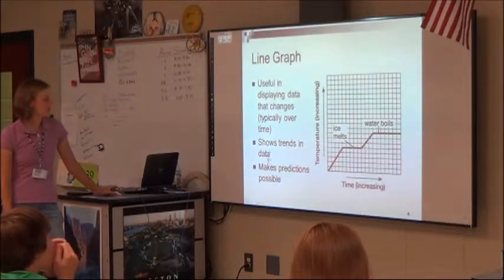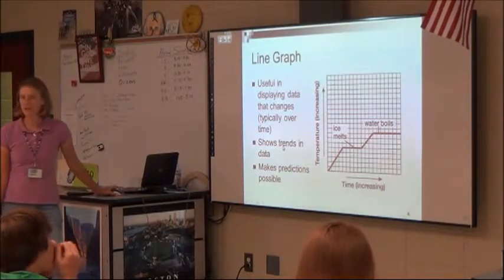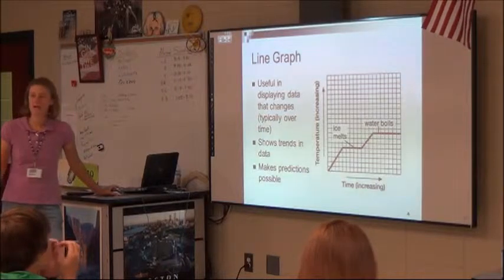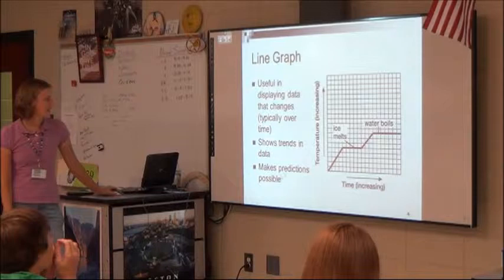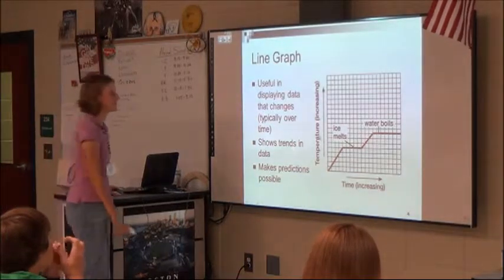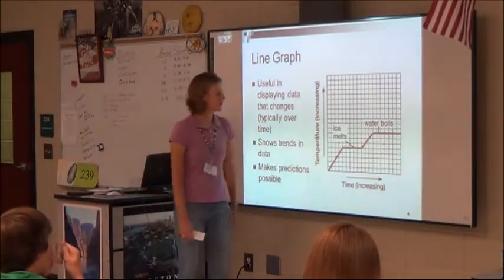And line graphs, of course, are nice because they show trends in data. You can pretty easily tell if the line's going up or the line's going down, or maybe the line's just staying constant. And so that helps us make predictions as to what the data would do in the future.